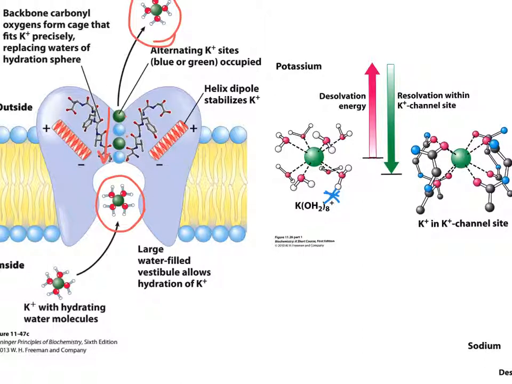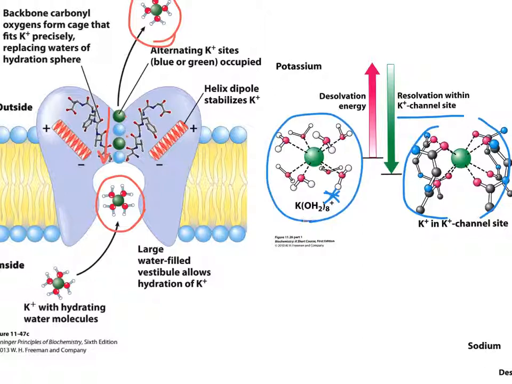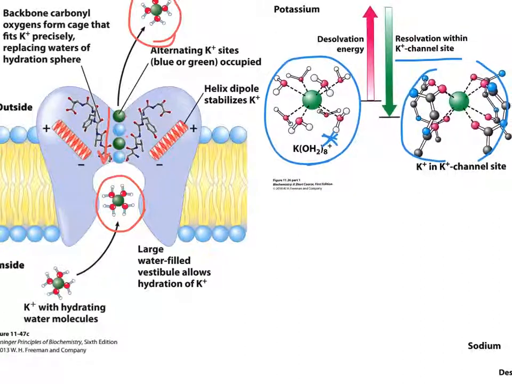However, once the ion binds to the channel site, the amino acids are located in such a position that it's going to mimic the original hydrated potassium ion. So the resolvation energy that we achieve upon binding to the site inside the channel is sufficient to overcome the desolvation energy that was lost upon removing the water molecules.